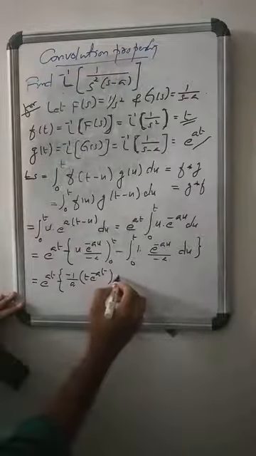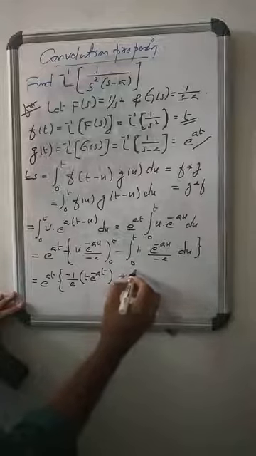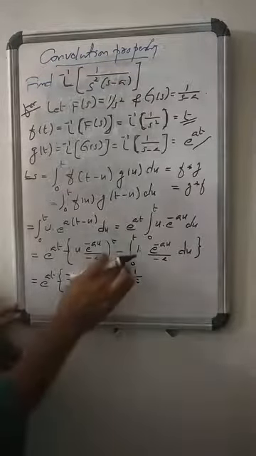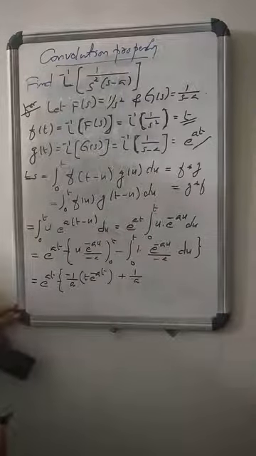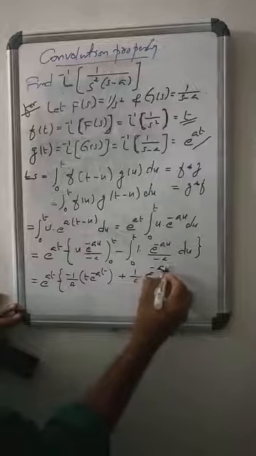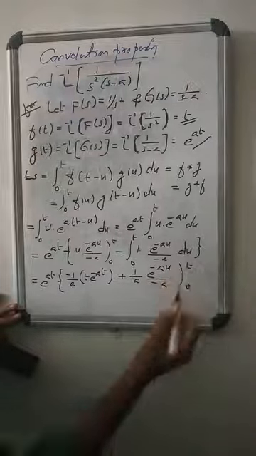So finished here. Minus again integral 0 to t, minus of minus, plus 1 by a into what remains? Integral 0 to t, e power minus au du. Again you can integrate it as e power minus au by minus a from 0 to t.